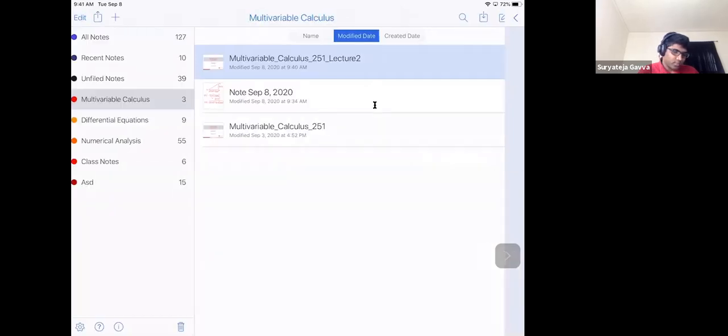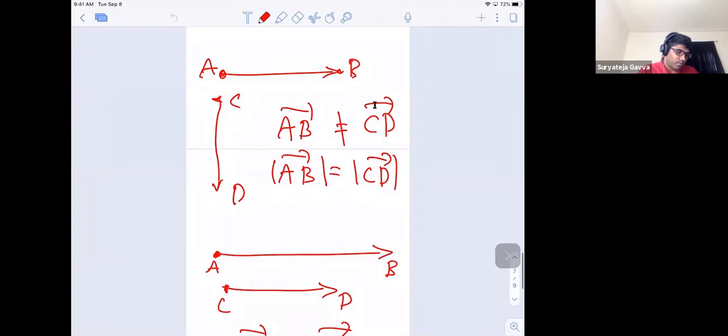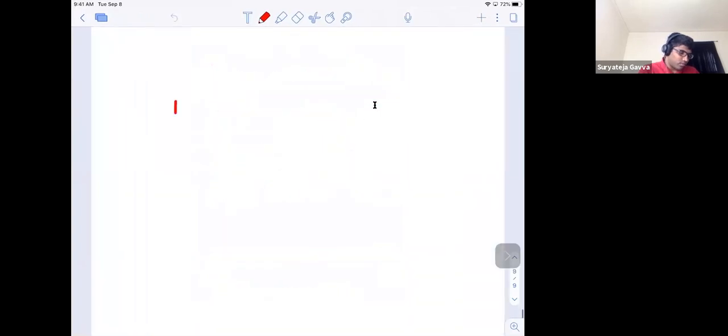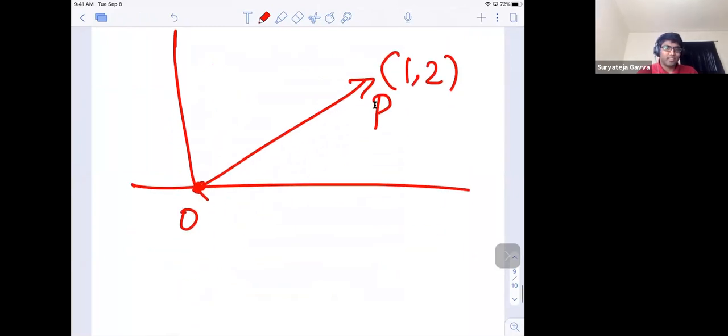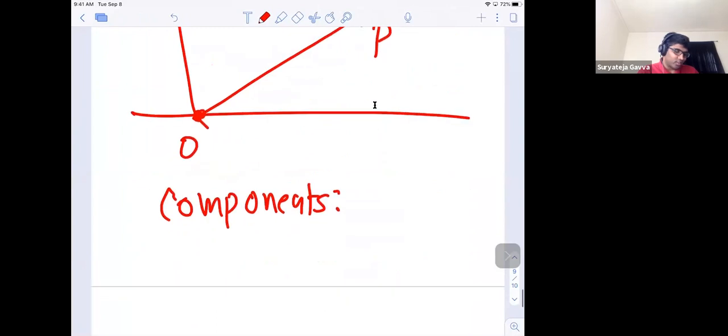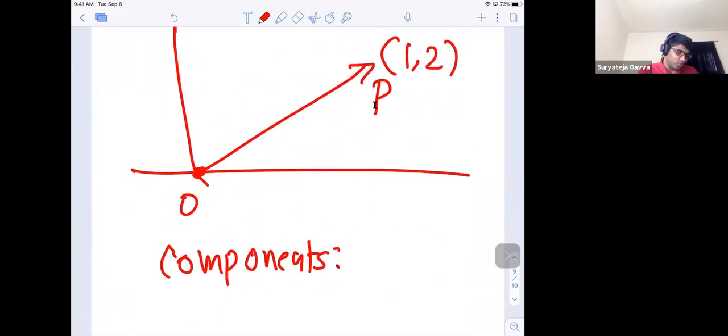So before I do this, can you tell me what are the coordinates, or components, of this vector? Components, guys, are you here? Yeah, so this OP is just 1 and 2.